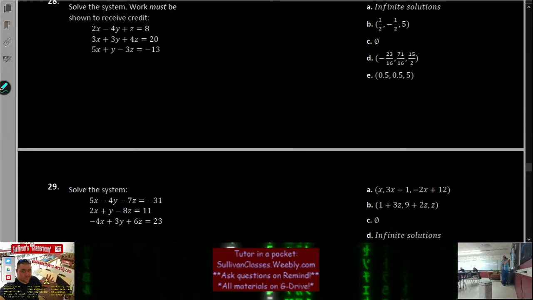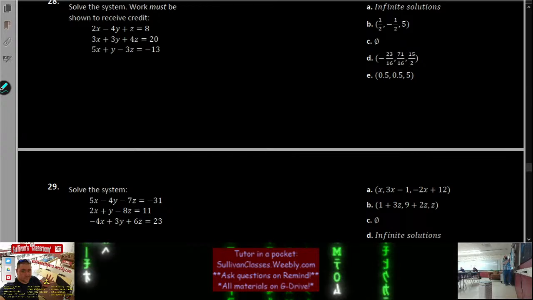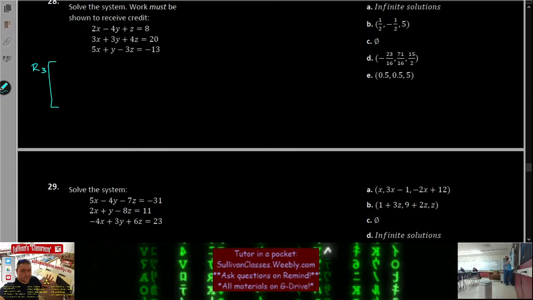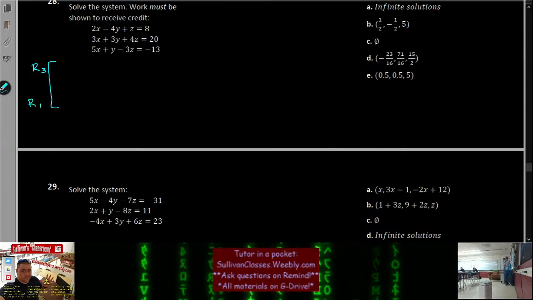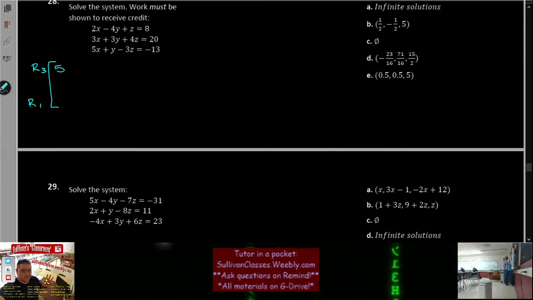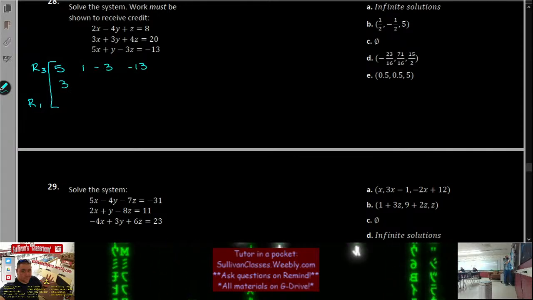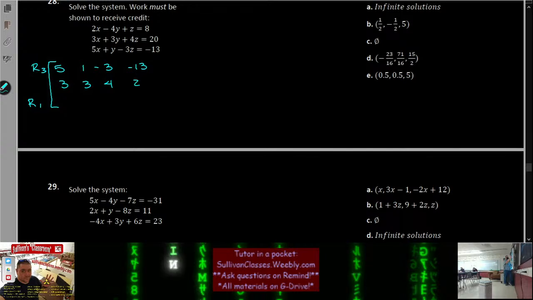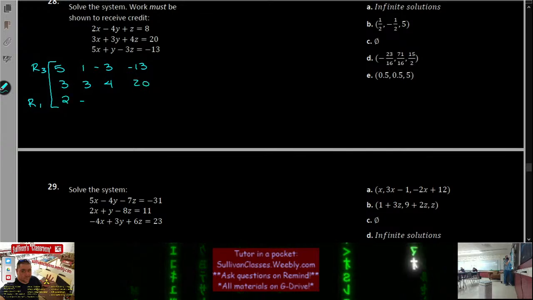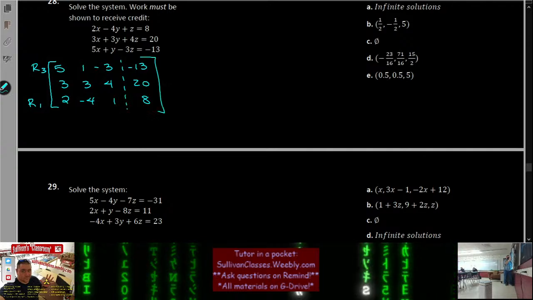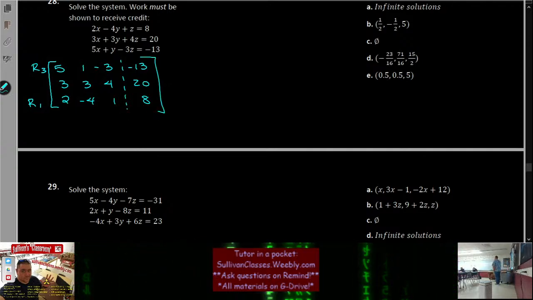I personally would prefer to do maybe a row 3 and row 1 swap. 5, 1, negative 3, negative 13. Why did I do it that way?